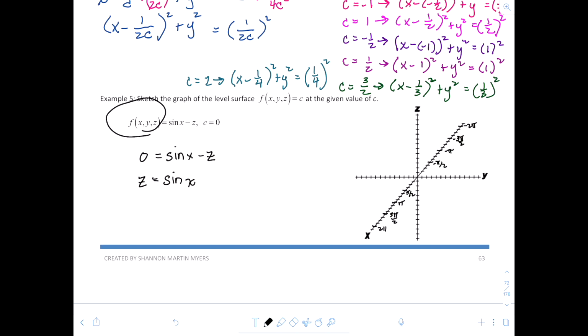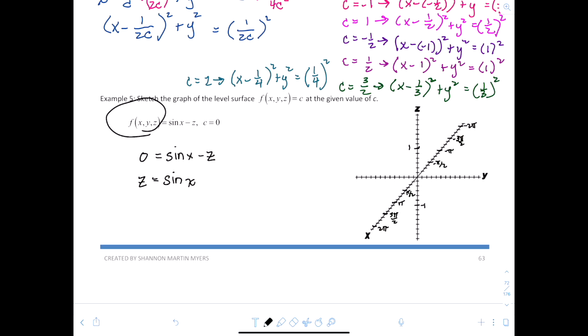This will give us 2 periods to graph. And then, of course, the output for z will be plus or minus 1. So we'll make that 1 and negative 1. Cool, cool, cool.